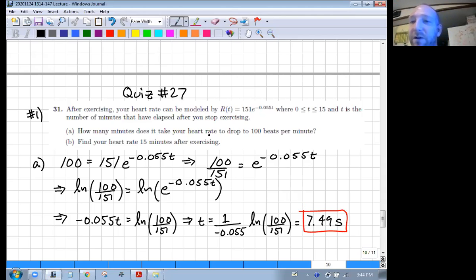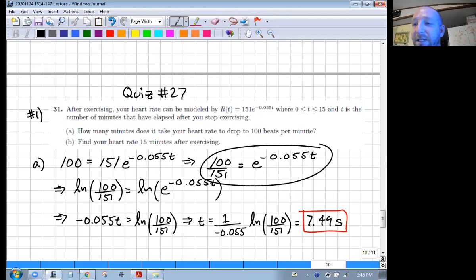They wanted to find out how long, meaning the time in minutes, for R to be 100. So we use our equation and we just replace R with 100. And now we have to solve for the time. So to do that, we isolate our exponential by dividing both sides by 151. That gives us this.